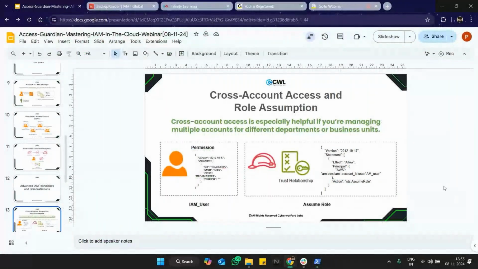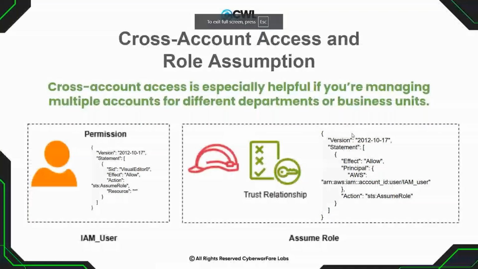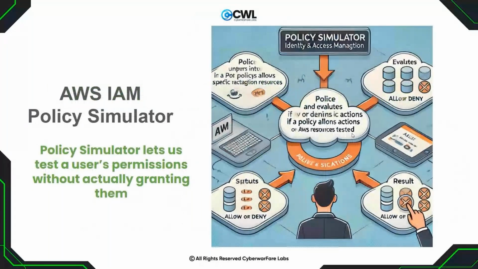Okay, let's move to the next part, which is the IAM policy simulator. This is also one of the interesting AWS tools. The IAM policy simulator is an essential tool in the AWS environment that allows you to test and validate the permissions associated with IAM policies before applying them in a live environment.